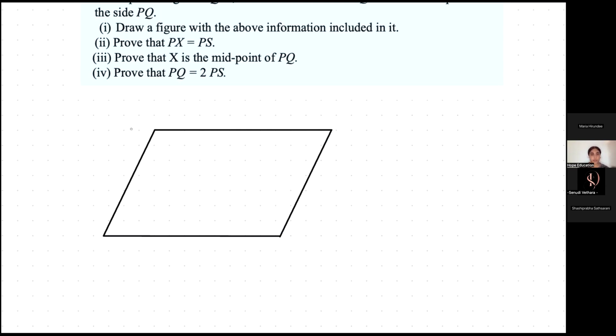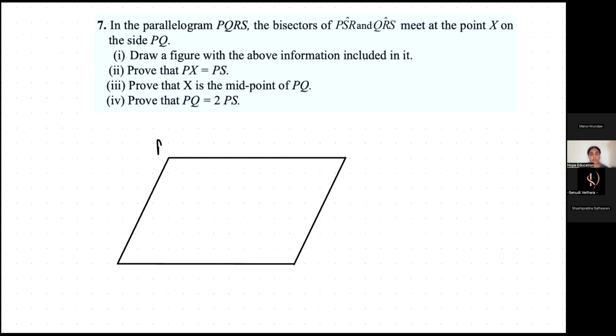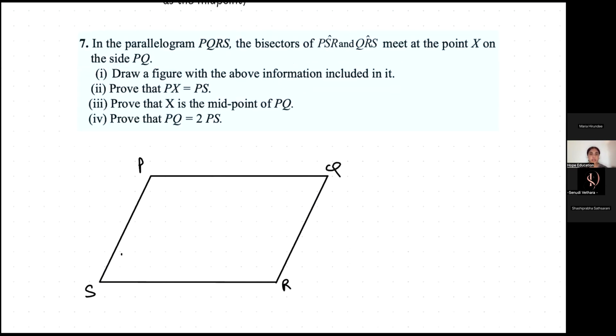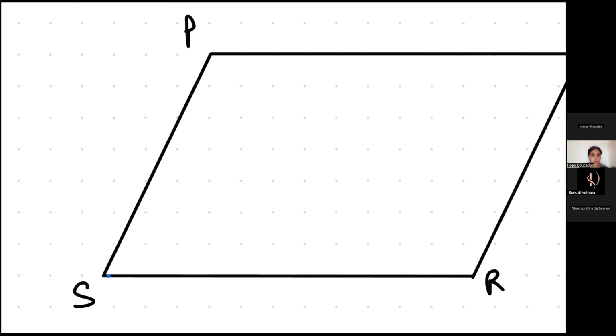So okay. PQRS. Bisectors of PSR. PSR කියන්නේ මෙයානේ. මෙයාගේ bisect එකයි QRS කියන්නේ මෙයාගේ bisect එකයි. They meet at point X on the side PQ. Okay, so PSR bisect කියන්නේ there's a line dividing this side equally into two.